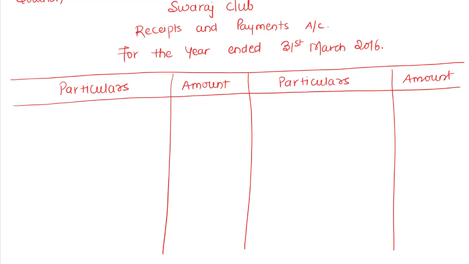Particulars, amount. We can also write receipts and payments. Better we should write receipts and payments.